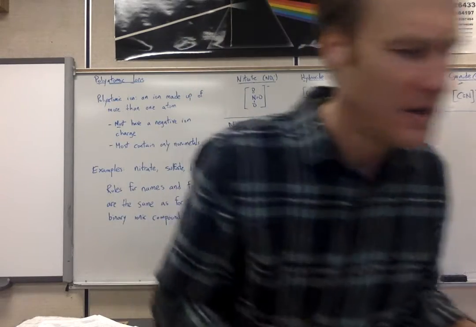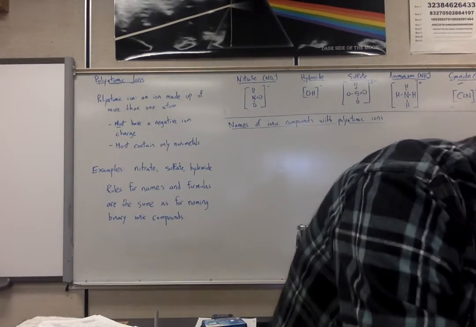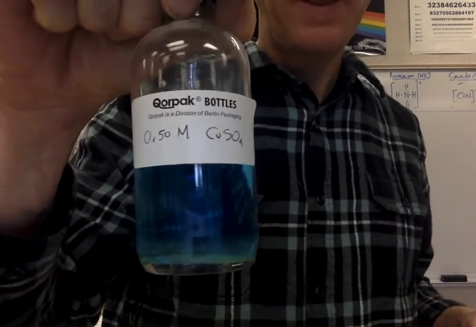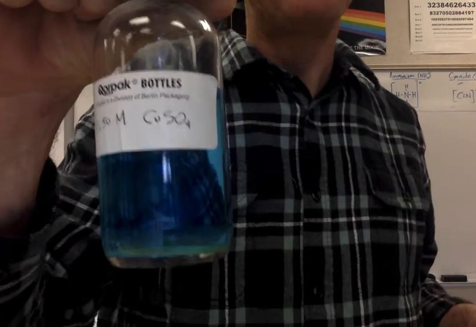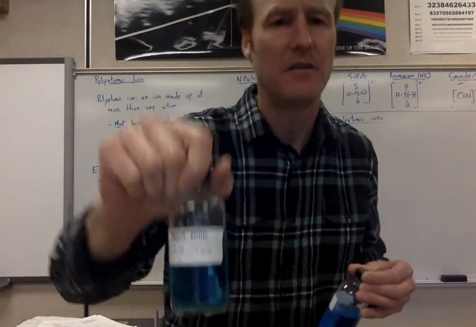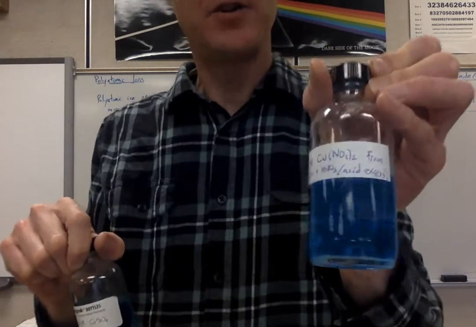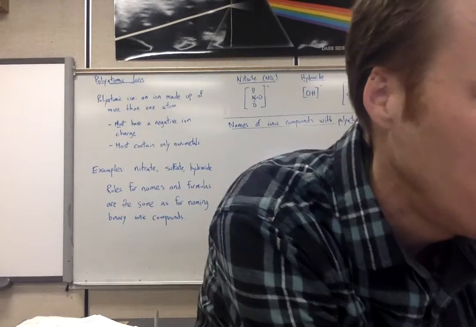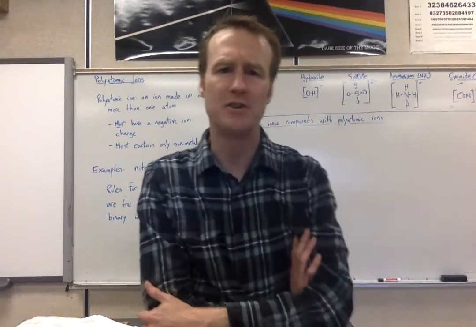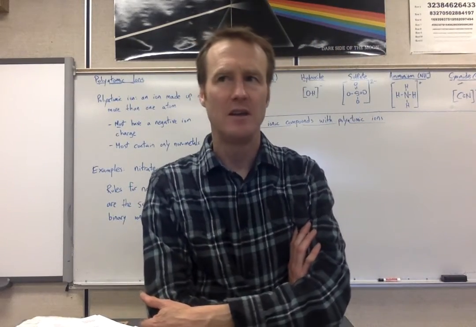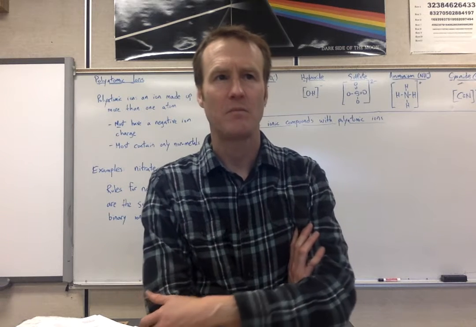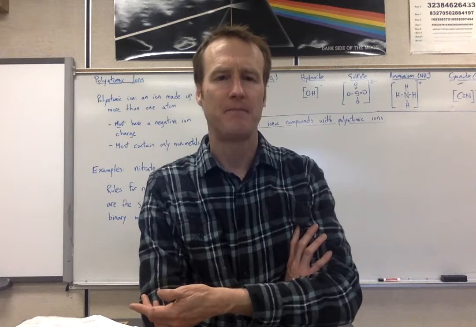What does that look like in some chemicals? Well, here's an example. This is copper sulfate. Specifically copper 2 sulfate. By the way, here's copper nitrate. Looks pretty similar. One thing that would have come through in your flames lab is that when it comes to color, it's usually the metal ion that decides it.